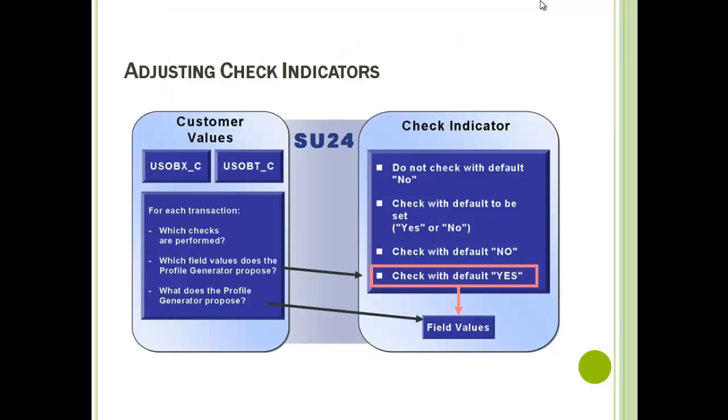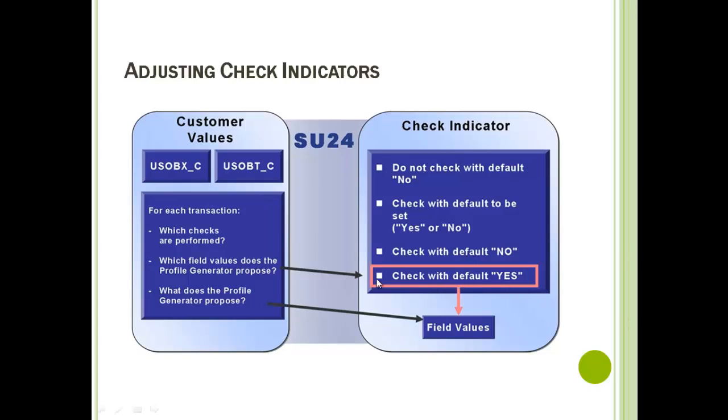In SU24, as we already saw in our previous exercise, we put a transaction code and then we have some indicators. It says check and yes or no. If it is mentioned as yes, then that particular authorization object is going to be checked. If it is mentioned as no, then it is not going to be checked.